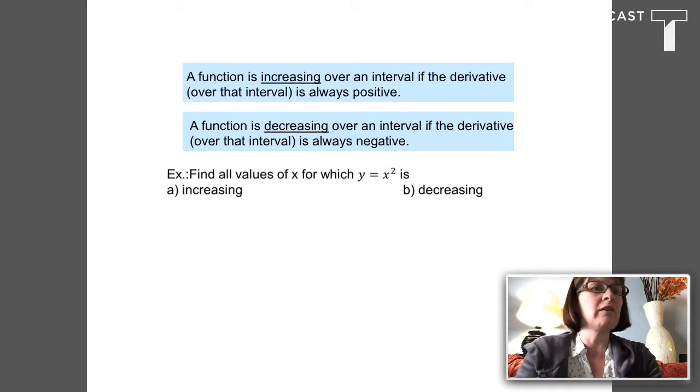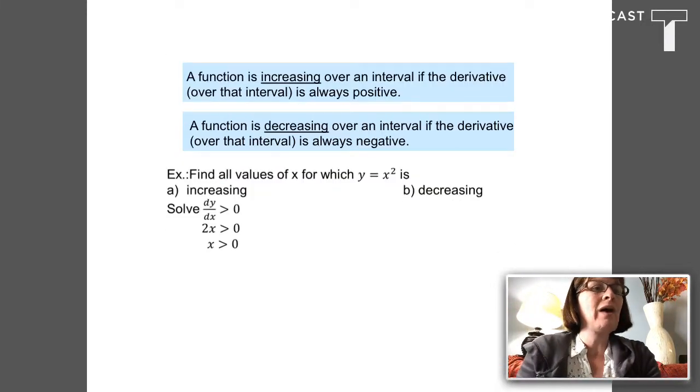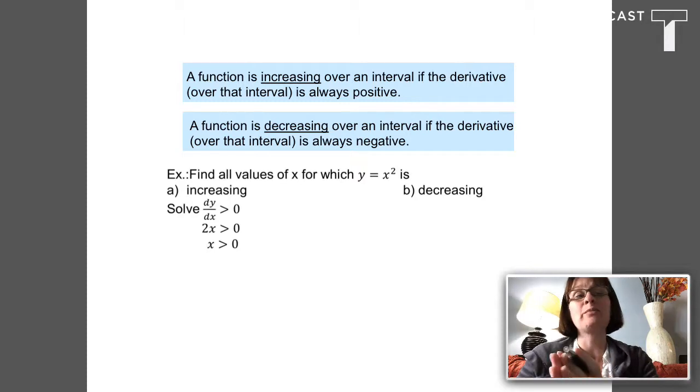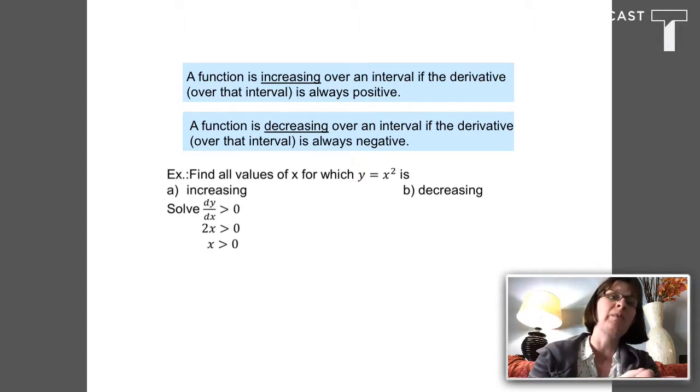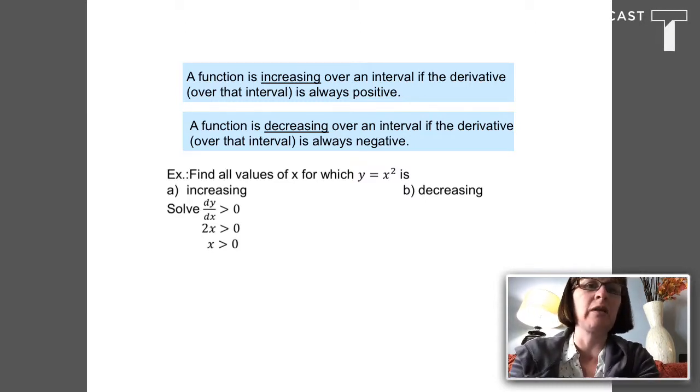Can I find all the values of x for which y equals x squared is increasing? Well, this is what we just learned. We want to solve the inequality dy/dx is greater than 0. That will tell me anywhere that f is increasing because I'm going to find the places where the derivative is positive. The derivative of x squared is 2x, and when I solve this inequality, I could graph it on a number line.